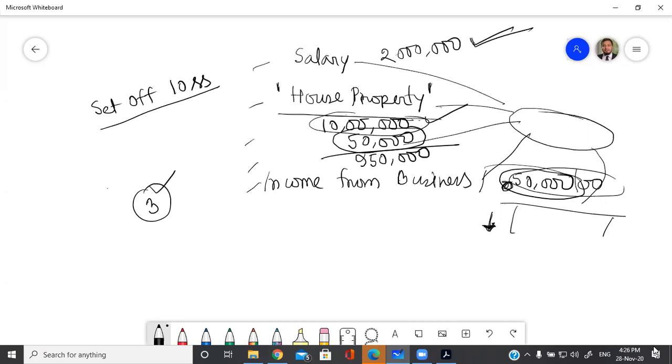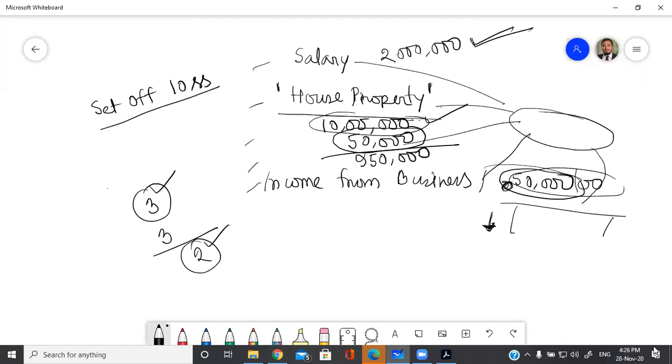But how much loss do you have to set off? 5 million. Is it possible to set off 5 million loss against the 3 million positive income? It is not possible. So how much maximum loss can you set off out of this 5 million? 3 million.